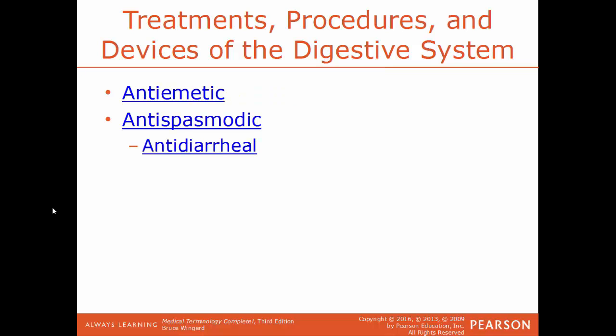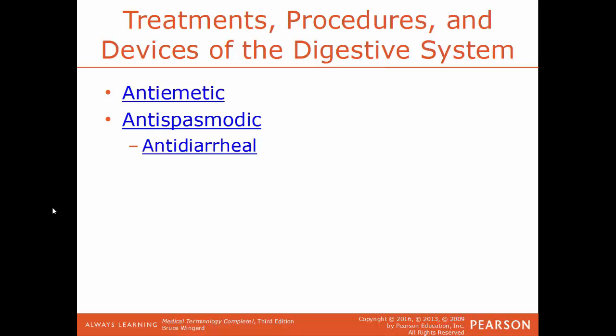Antiemetic, this refers to a drug that will prevent vomiting. Antispasmodic, this is a reference to a drug that will reduce or suppress the spasms of muscle. An example of that would be an antidiarrheal. Medications that are antidiarrheals will suppress the large intestine from having spasms and therefore moving material through the large intestine too quickly.